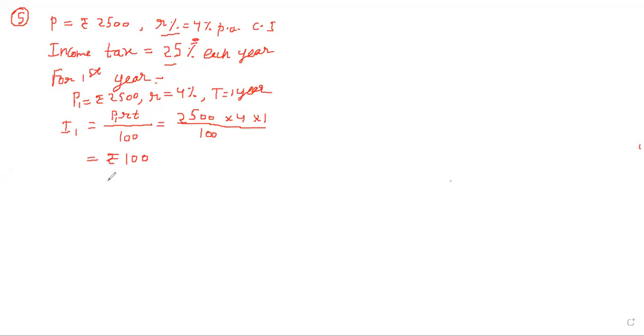After getting the interest for 1 year as rupees 100, this is the income for the first year. Income tax of 25% will be deducted from this.